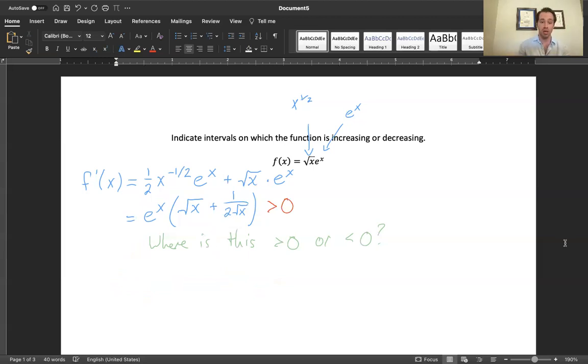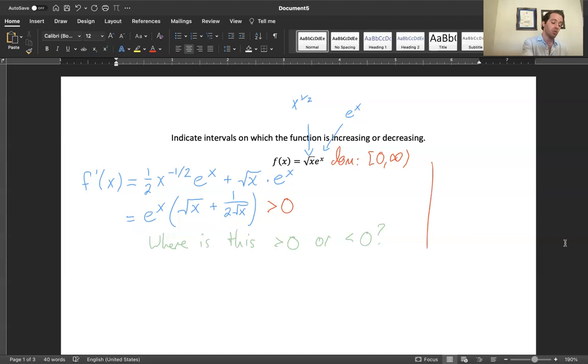Where is that domain? The domain of the function is from 0 to infinity, inclusive of 0, because I can evaluate the square root of 0. But the derivative has this on the bottom. The square root of x is on the bottom. So this means that I cannot put in 0 for x in the derivative.